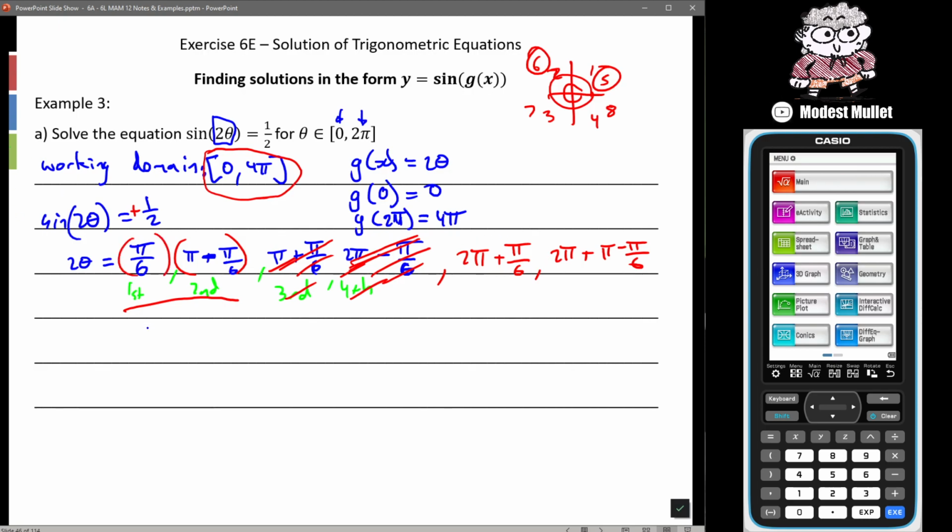So let's simplify these all down. So we get 2 theta is equal to pi on 6. Pi, take away pi on 6, is 5 pi on 6. 2 pi plus pi on 6 is 2 pi, the same as 12 pi on 6. So that'll be 13 pi on 6. And 3 pi is 18 minus 1 is 17. 17 pi on 6.